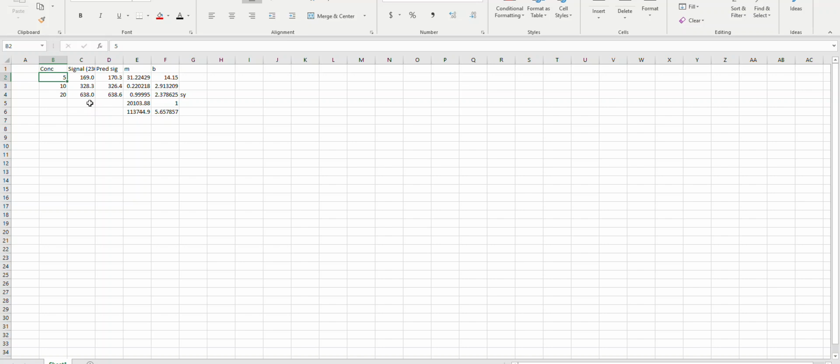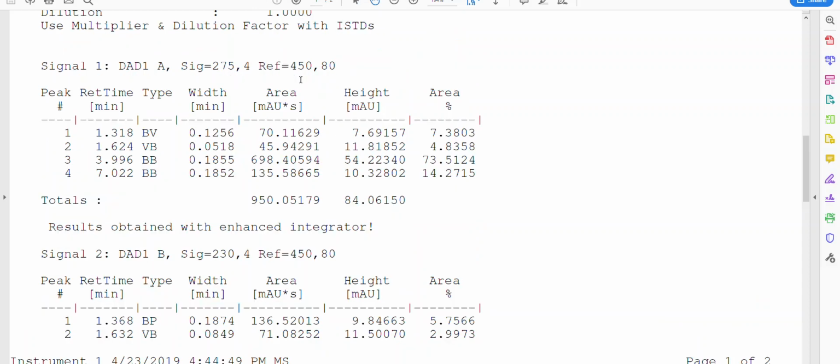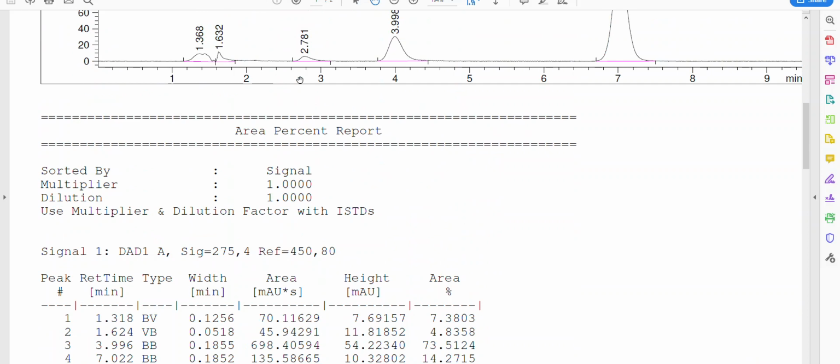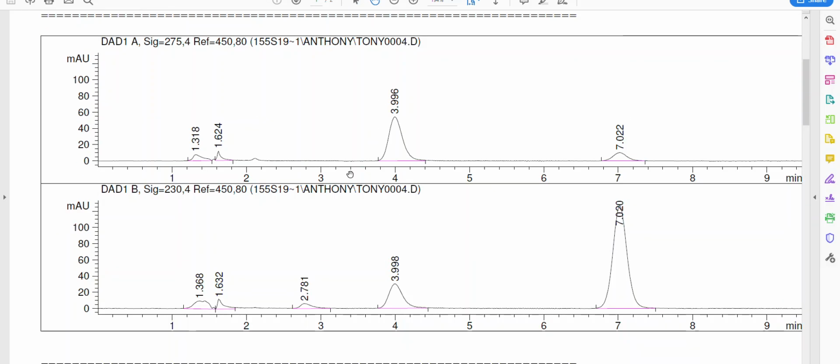Now what we want to do is get the signals from the Excel data for the samples. So let's go back to the next file over here, which is going to be Anthony 4. You can see here this is Anthony 4. Here are the chromatograms again, 275 and 230.